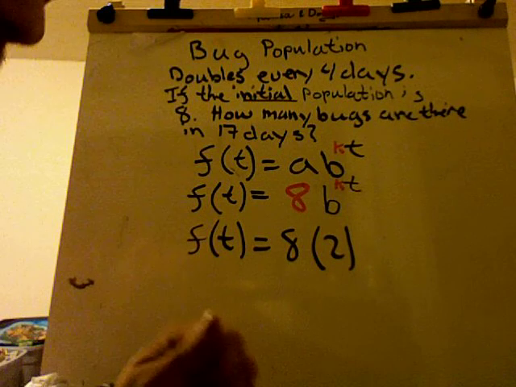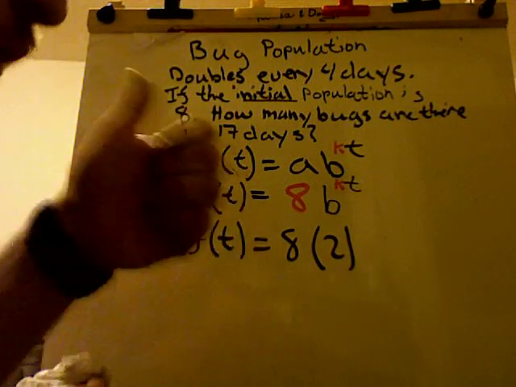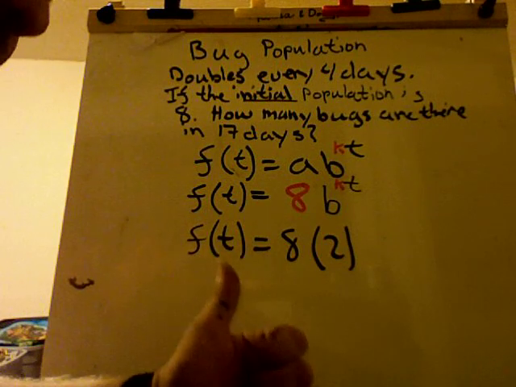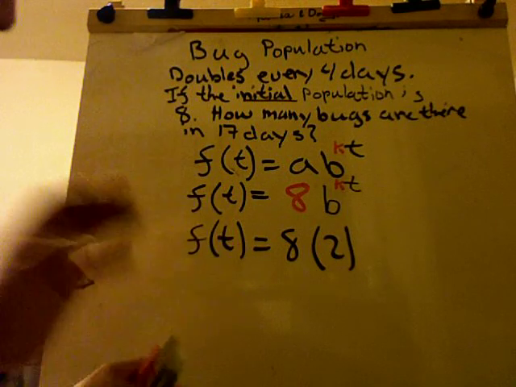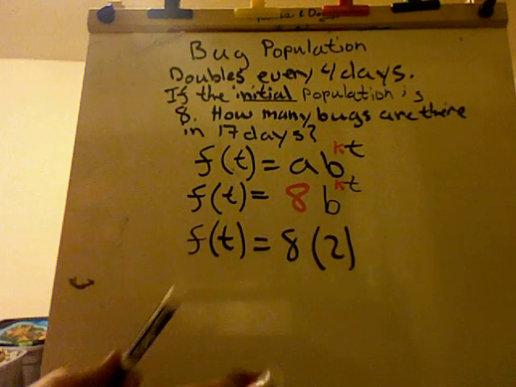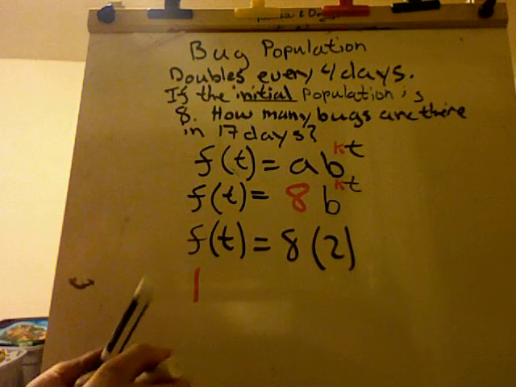But the thing is, it takes us, in this particular case, 4 days before we double. So here's what I'm going to do. I want to create one doubling effect.